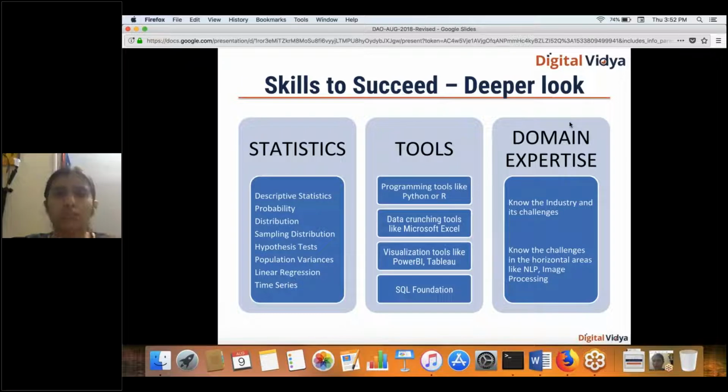In terms of tools, we've already looked at that graph.